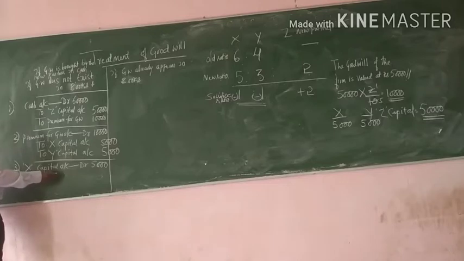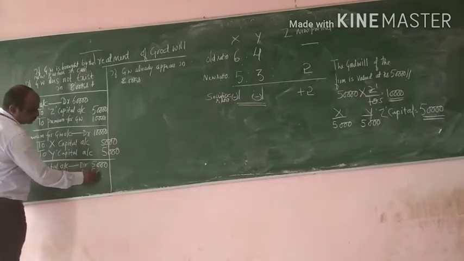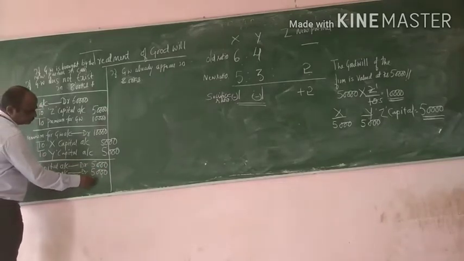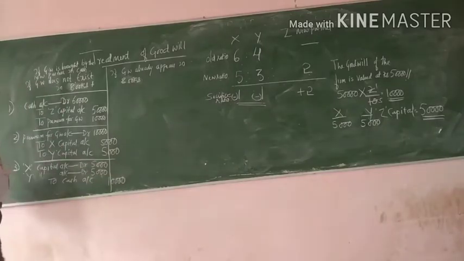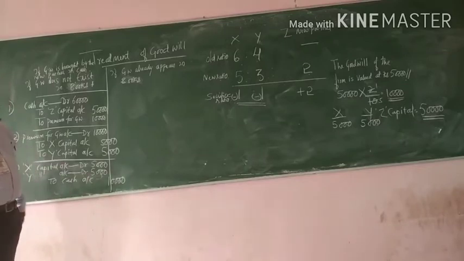If both are withdrawing, to cash. If they are withdrawing half of the goodwill, this will become 2,500 to cash, 5,000 being cash withdrawal for personal use.